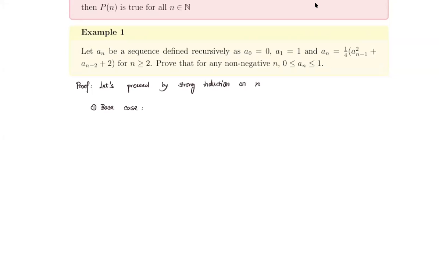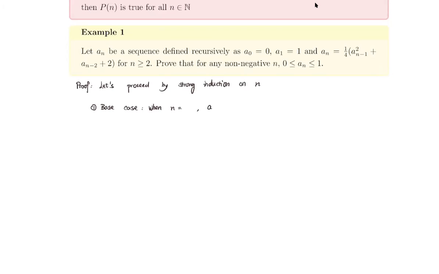Okay, cool. So for the rest of you, can someone tell me what are my base cases? What do I need to show for base case? Okay, we need to show when n equals 0 and when n equals 1. Why do you want to show when n equals 2?